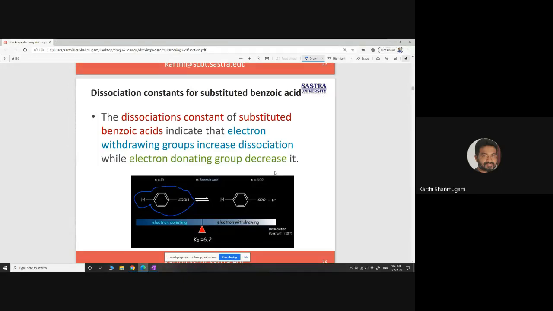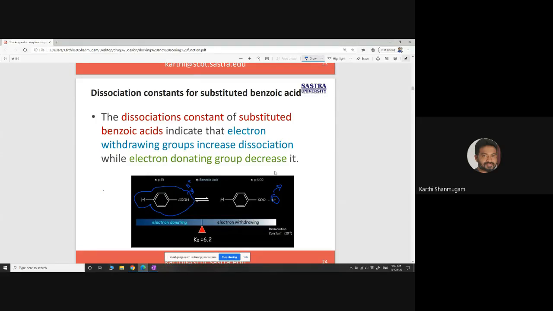If you put this benzoic acid in water, this proton, H plus, will be cleaved, and you will get C6H5COO minus plus H plus. This proton will be released because benzoic acid is a weak acid.